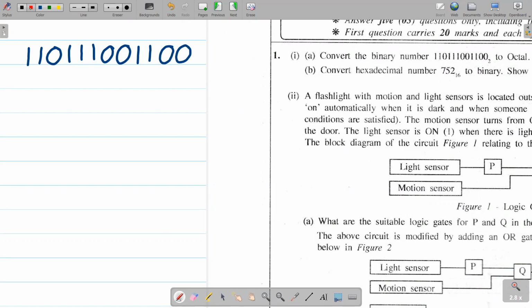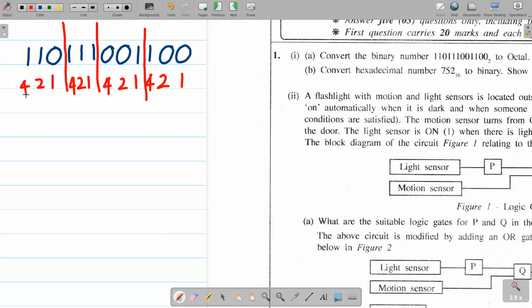So to convert this into octal, we need to divide this into groups that contain only 3 bits. Each group's bits have the values 1, 2, and 4, and this one is also 1, 2, and 4.